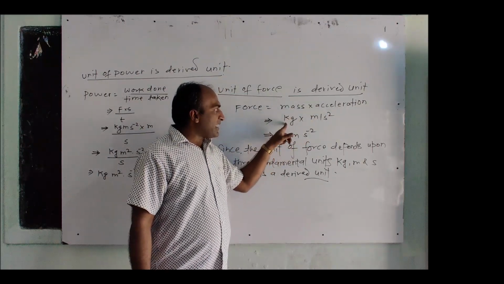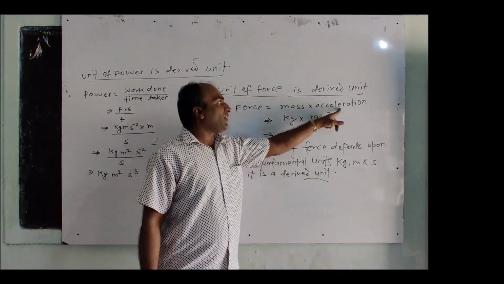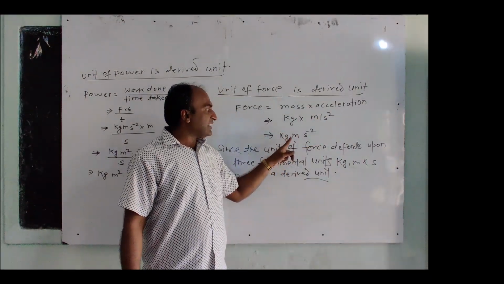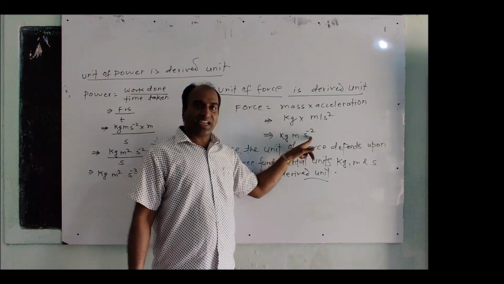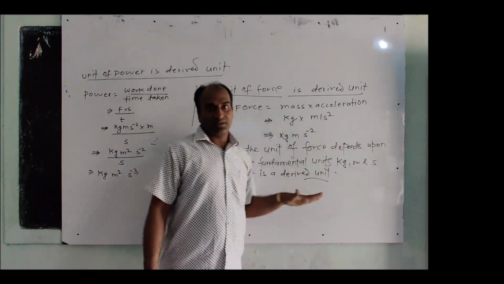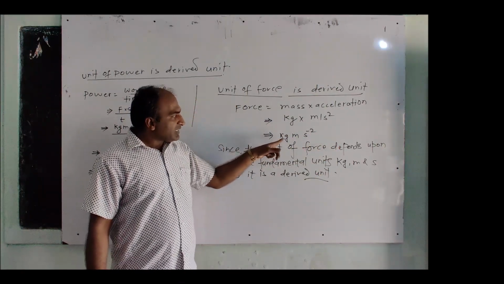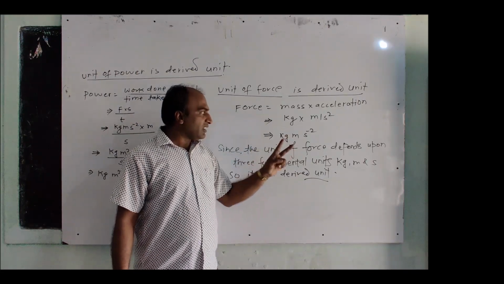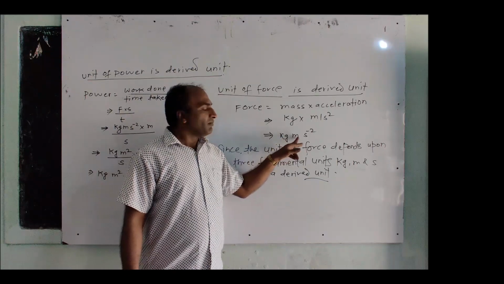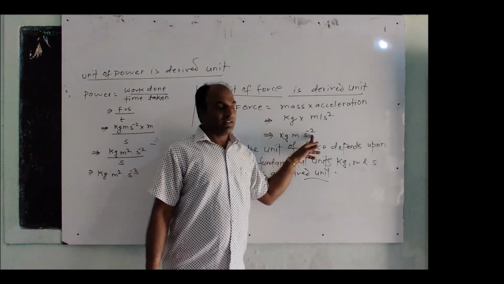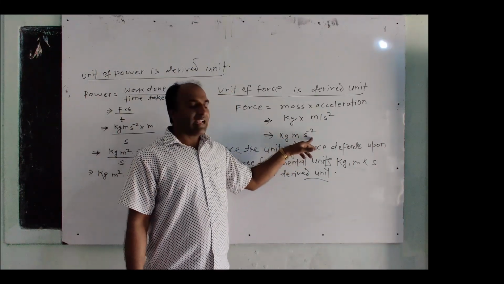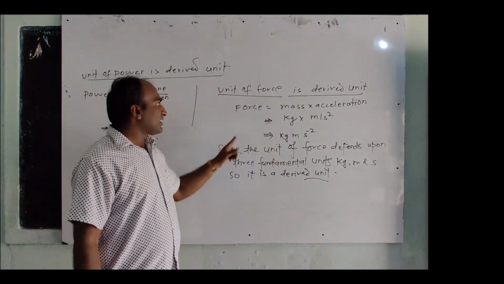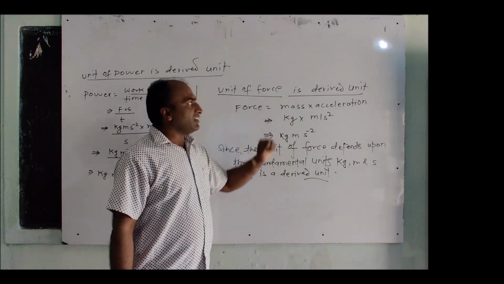Unit of mass is kilogram in SI system, and unit of acceleration is meter per square second. So we can write kg meter per square second in SI system, MKS system. Here we see that the unit of force depends upon three fundamental units: kilogram, meter, and second. Therefore, we can say that the unit of force is a derived unit.